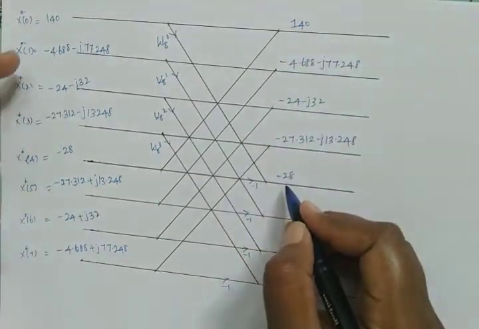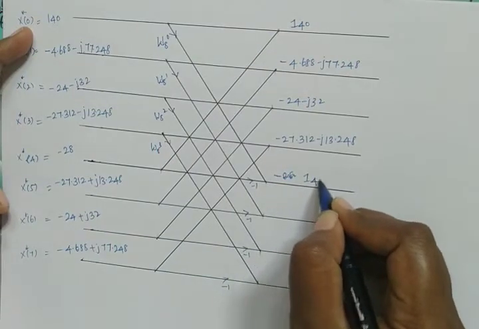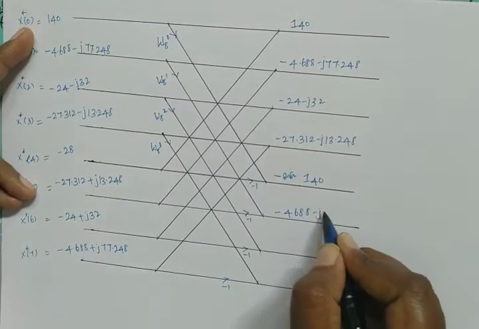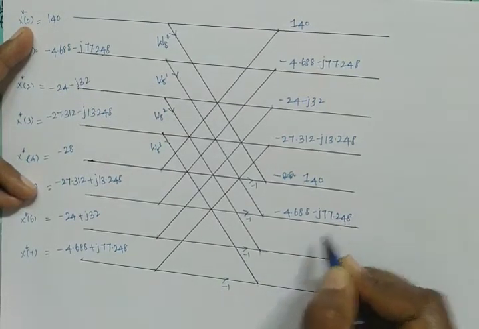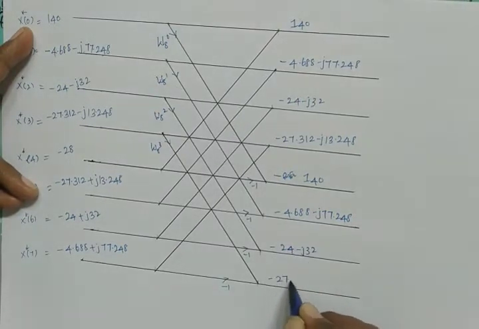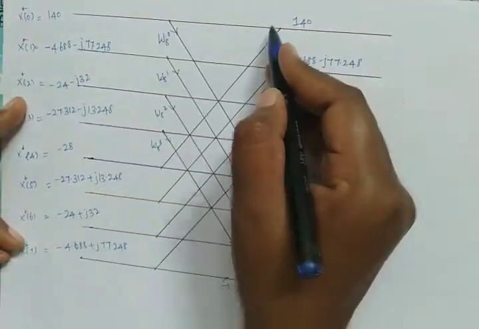Let us complete this first line. Here again start from the first line: 140, then copy from here, minus 4.688 minus j77.248, minus 24 minus j32, minus 27.312 minus j13.248.